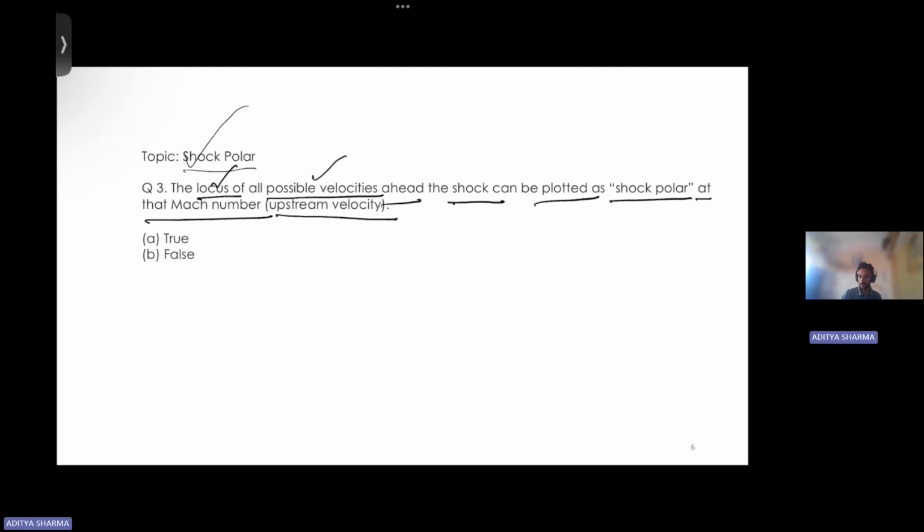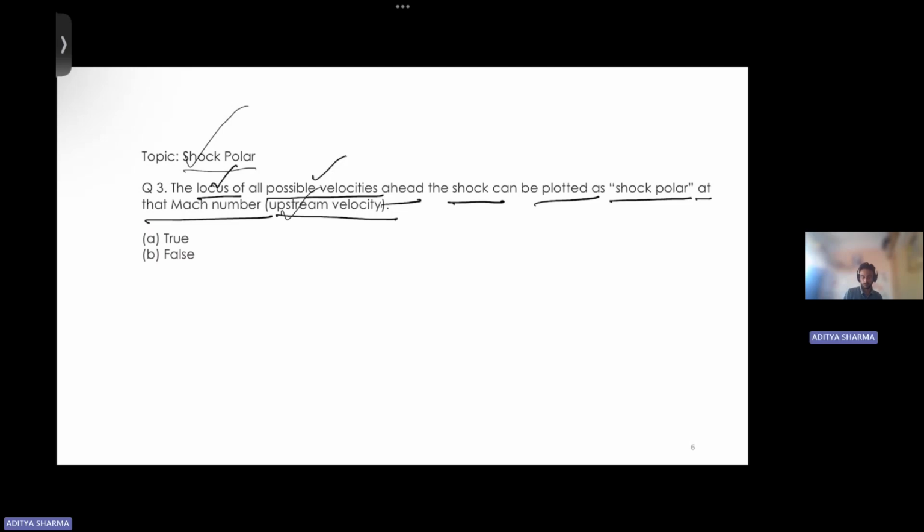Then the question says that it is plotted as a shock polar. So the question is about some Mach number upstream, and the velocity of this shock polar, but whether the possible velocities are ahead of the shock or behind the shock, right?